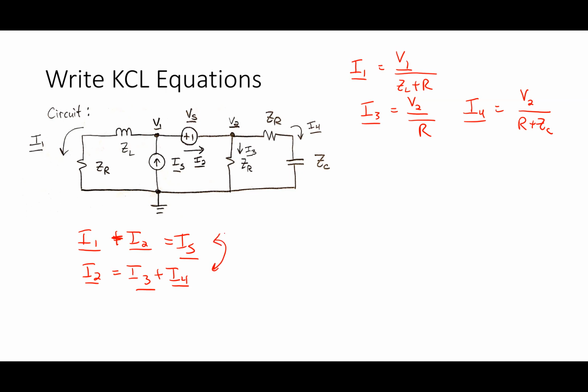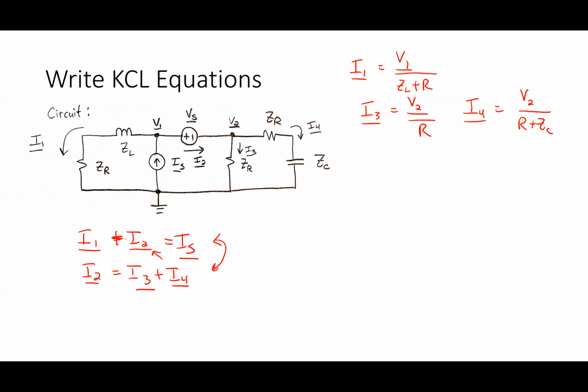I could combine these two right here, plug in I2. So I2 equals I3 plus I4, plug them all in. Or I treat them all as one giant node. I wouldn't include I2. I would say the sum of the currents entering the supernode equals the sum of the currents leaving it.